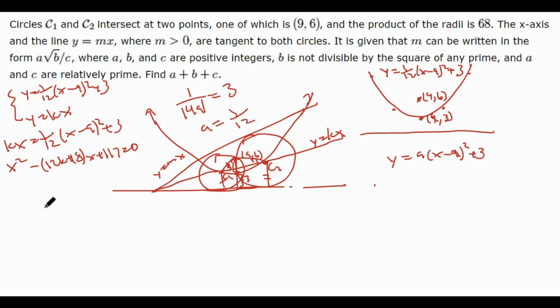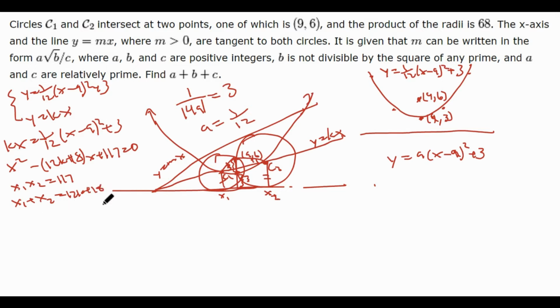So with this, let's list out a few things that we know in order to find an organized approach to finding k. So first thing, if we call the roots of this quadratic equation x1 and x2, which correspond to these 2 points, the coordinates of x1 and x2, then first of all, by Vieta's, we know that x1 x2 equals 117, and x1 plus x2 equals 12k plus 18.